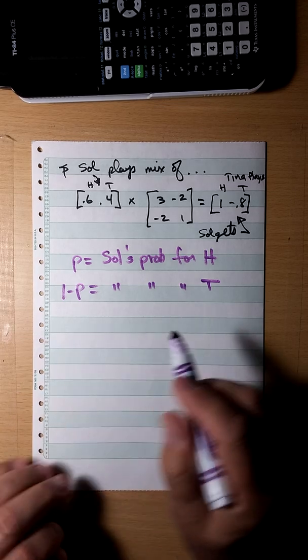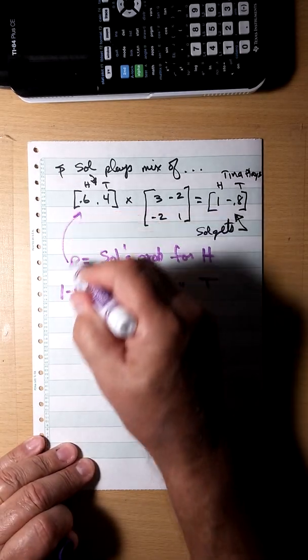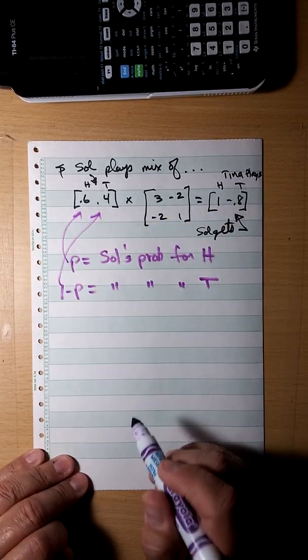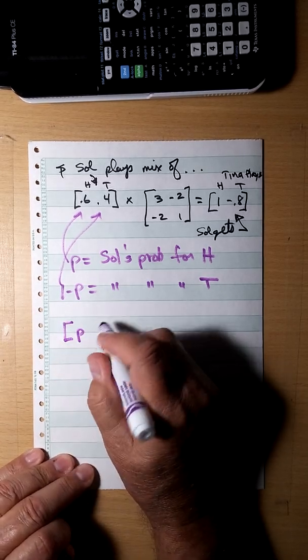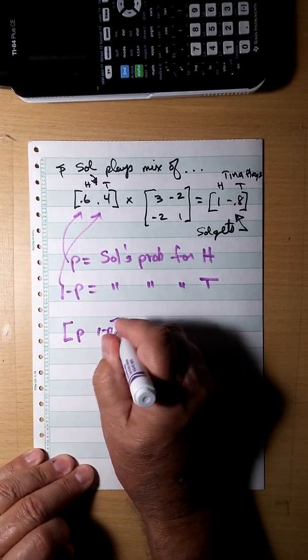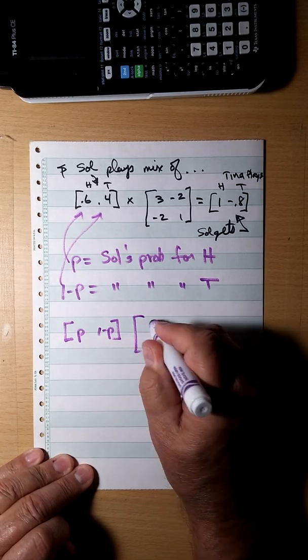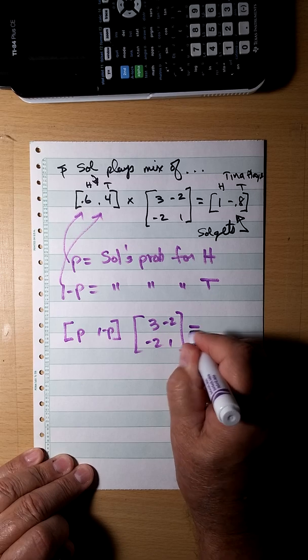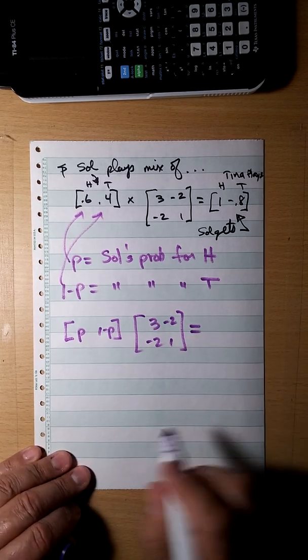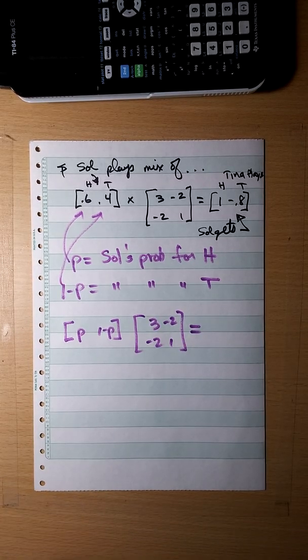And if we put that back in here, then we can say, okay, the P and the 1 minus P times the 3, -2, -2, 1. What does that give us? Well, it's rather long because of the P's in there.